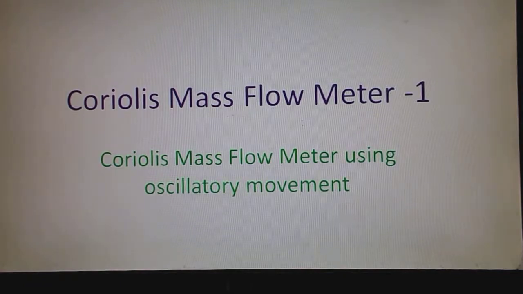Then the volume flow was being multiplied with the density of the fluid, and thereby we used to get the mass flow. But if the density changes, this measurement of mass flow shall not be correct. Whereas Coriolis mass flow meter measures the mass flow directly.